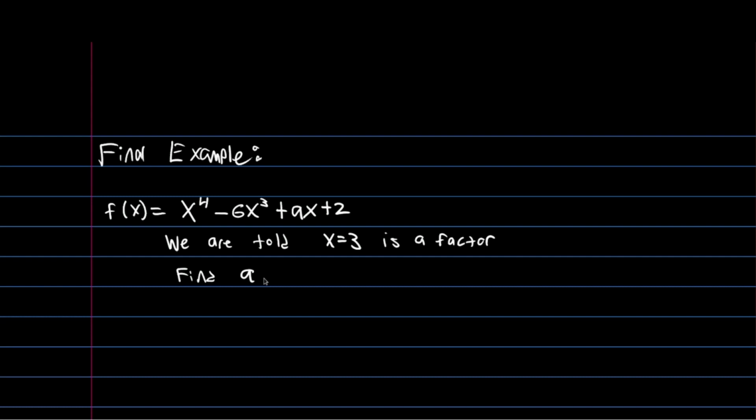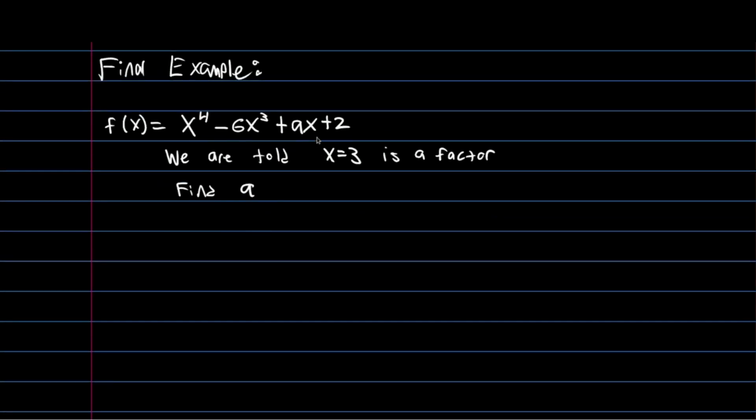So how are we going to do this? Well, we know that x equals 3 is a factor, and we're given this polynomial, so we might as well just try dividing it and see what it gives us. If we know that 3 is a factor, that tells us we can divide this polynomial, and we should have no remainder.